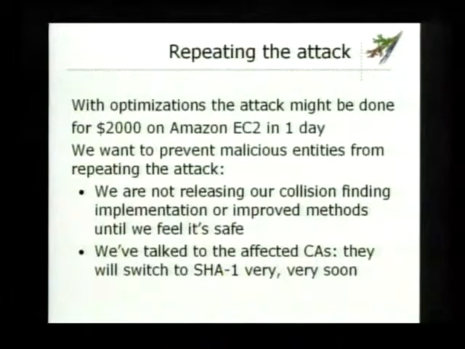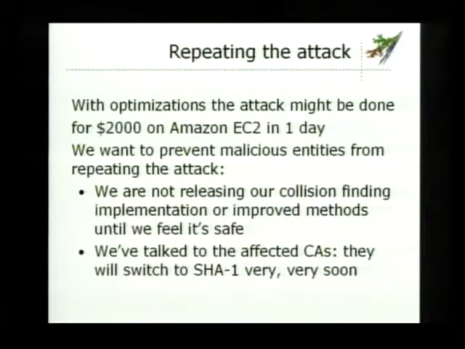So now we're concerned: we did this attack, but might anybody else redo our attack? Well, we've made some figures, and with some further optimizations, we estimate that our attack can be done for $2,000 renting computing power at Amazon EC2, in just a single day, so that's available for anybody.